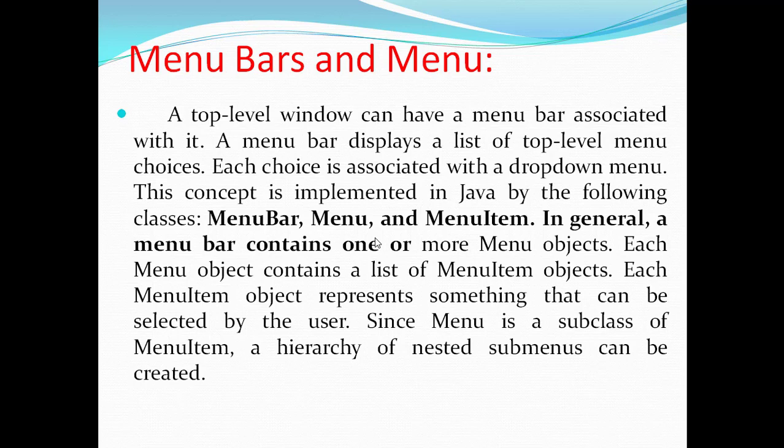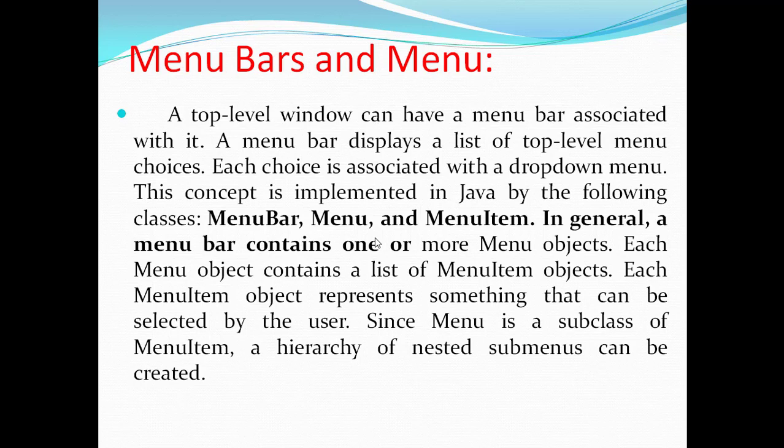This concept is implemented in Java by the following classes: MenuBar, Menu, MenuItem, and CheckboxMenuItem. By using these four classes, we are going to implement menu bar and menu related concepts and their items.